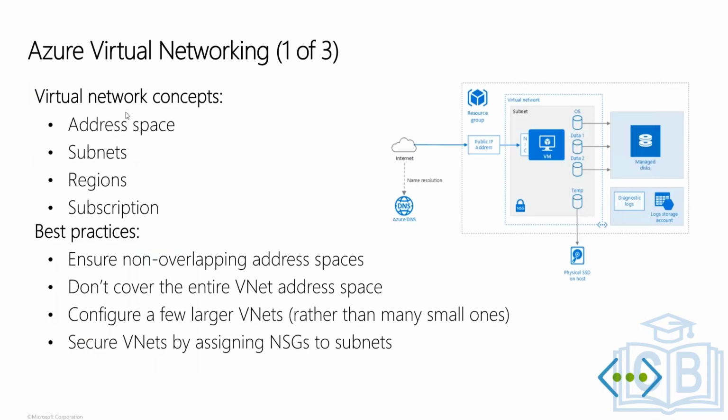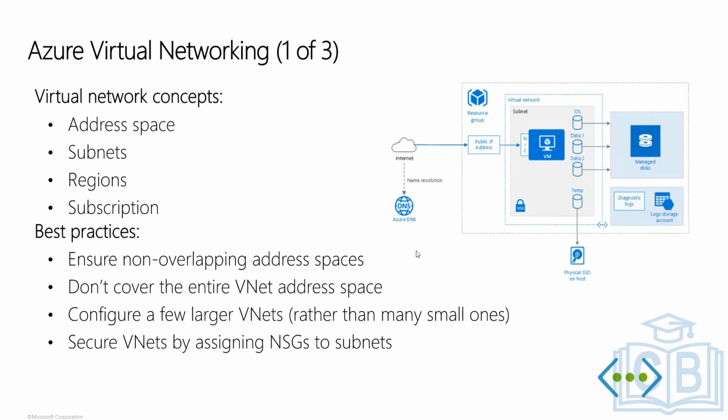Now, while you are creating virtual network as a resource, which region do you want to create this in, right? Because all other virtual machines will be in the same region where you have your virtual network. And these resources have to be part of a subscription.